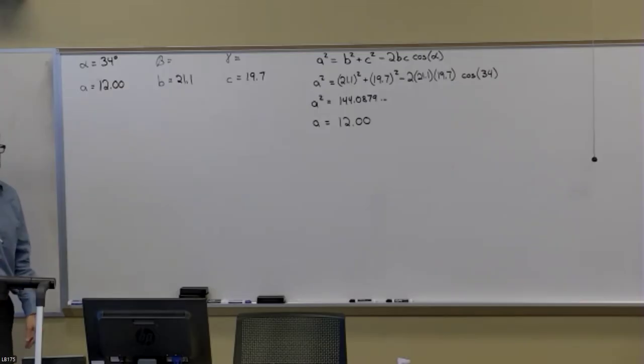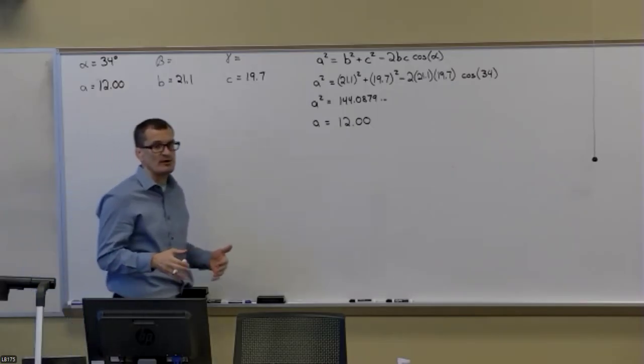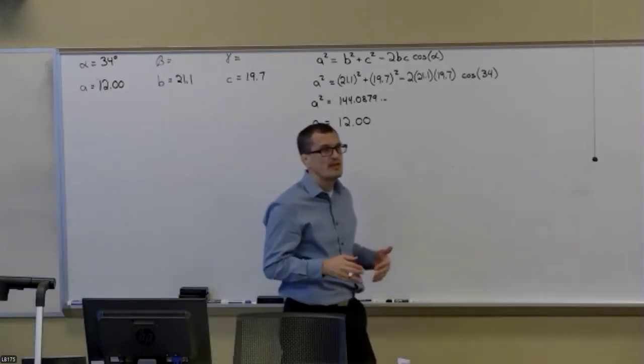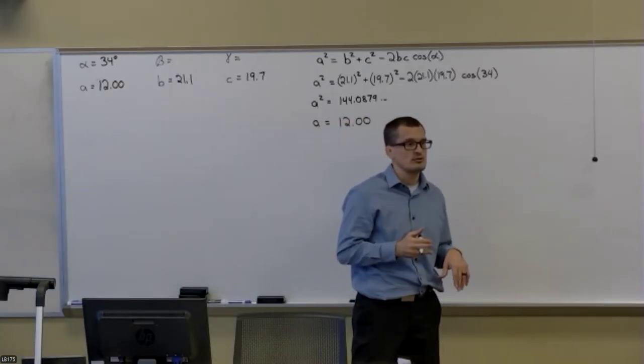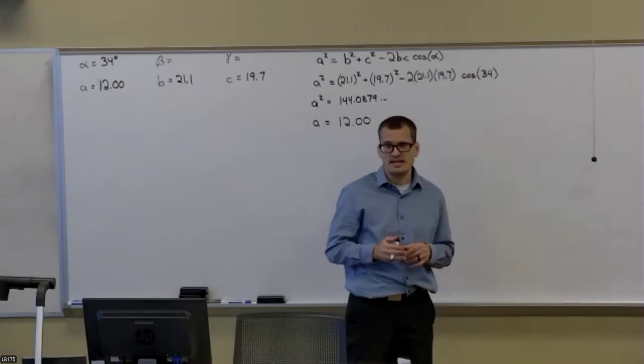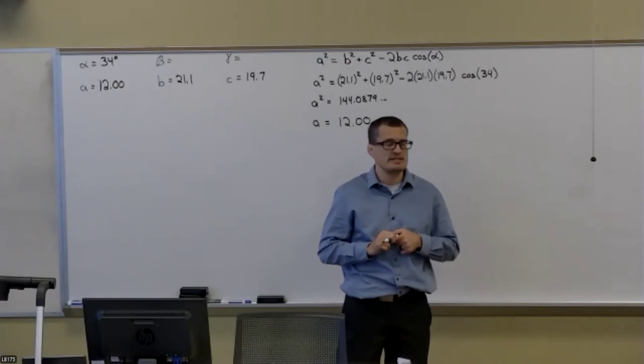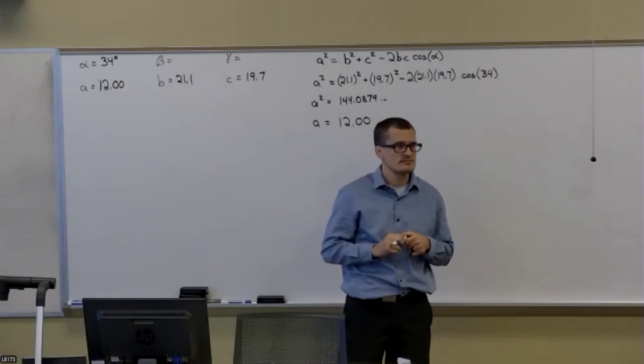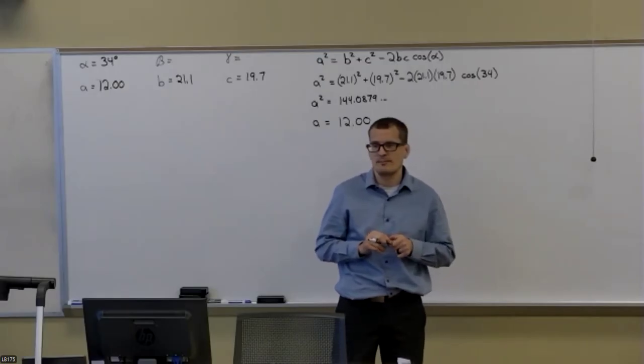Once I know the value for A, then I say, good, I don't have to use the law of cosines anymore. Now I can jump to my other tools to find the beta and the gamma. My other tool mostly being the law of sines. Everybody okay with that?